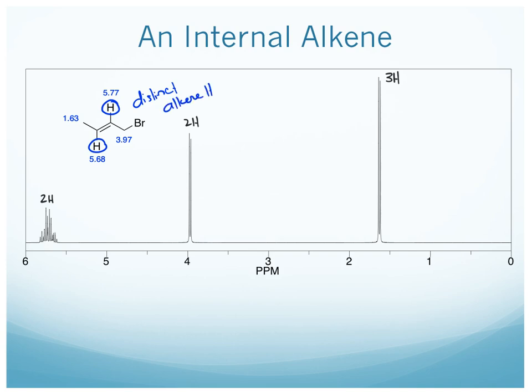But a lot of times with these internal alkenes, you don't get great separation, and you tend to just get a large multiplet. But that multiplet should integrate for both of the alkene hydrogen. So that's one way to distinguish the internal alkene from the terminal alkene.